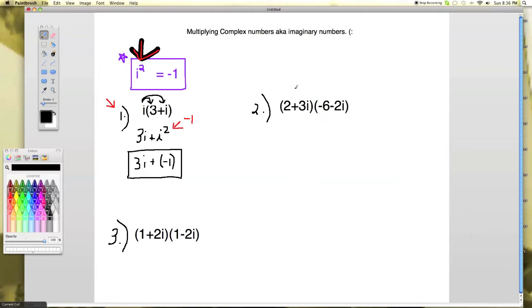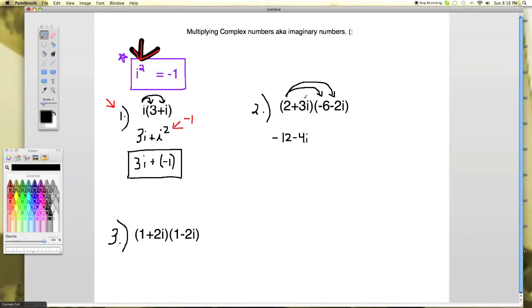Moving on to our second problem, it's pretty much the same type of problem, it just takes a little more work because it's longer. For this, we're going to do 2 times -6, which is -12. And then 2 times -2i, which is going to be -4i.